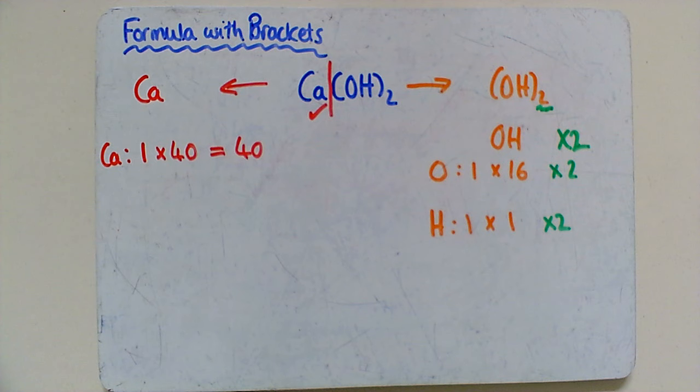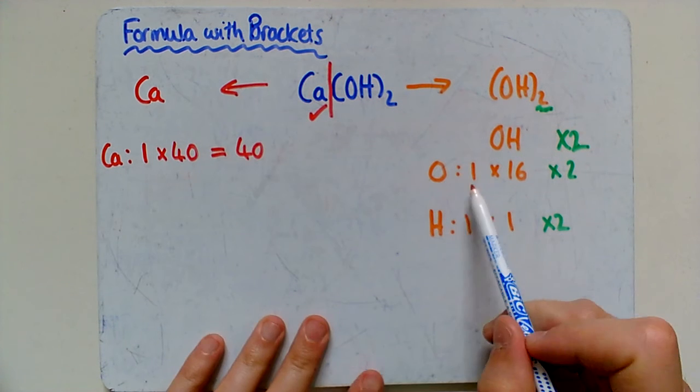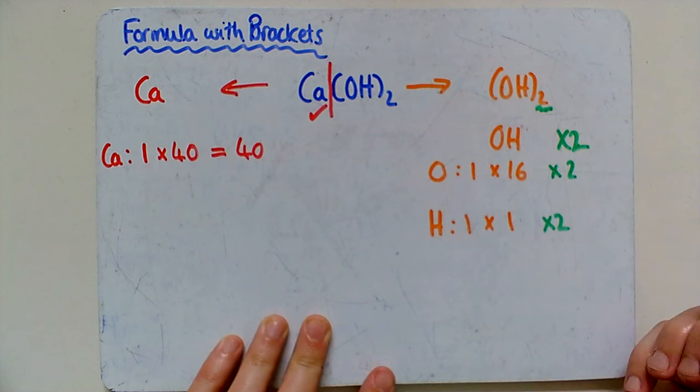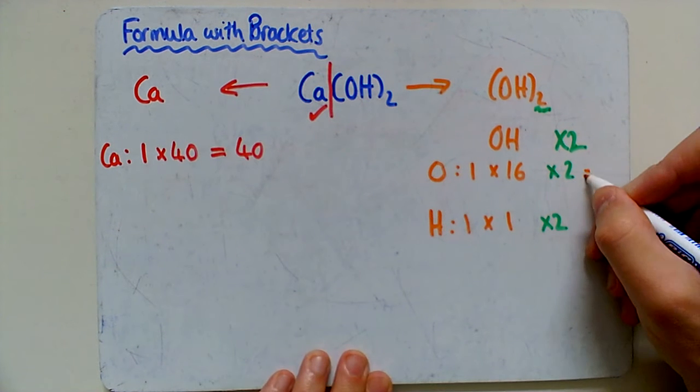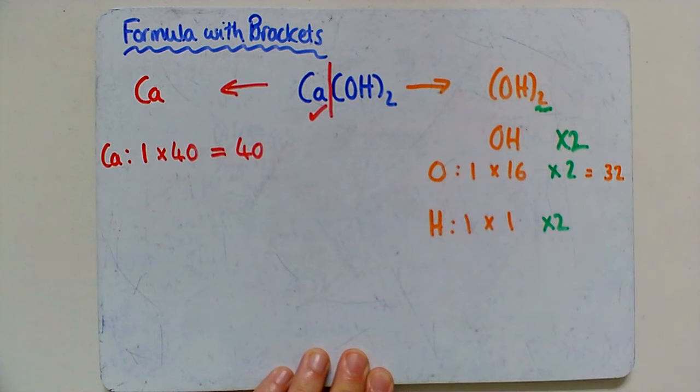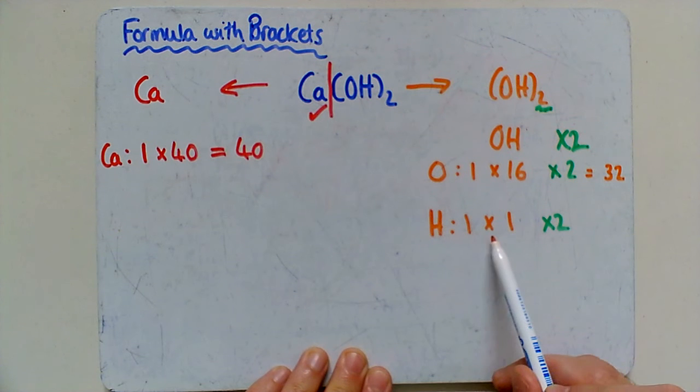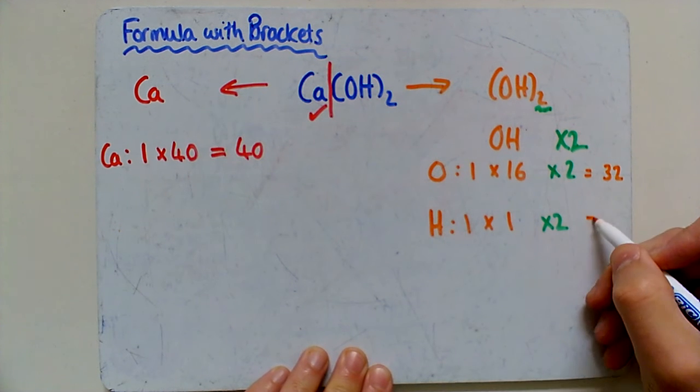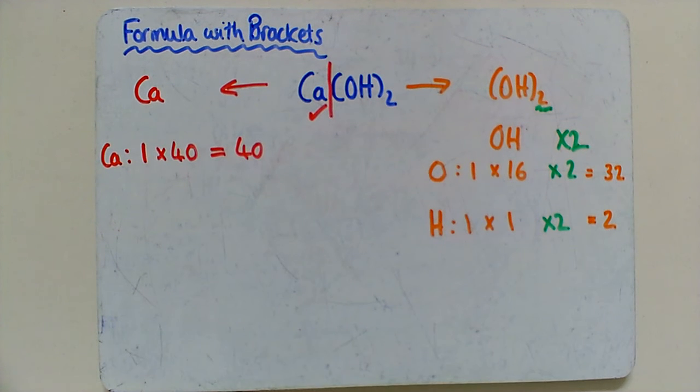Now we will do the multiplication. When we multiply this, we've got 1 times 16 times 2. You can use your calculator for that, and it comes out at 32. And we've got 1 times 1 times 2, which equals 2. And the final step, we've done that, so we've done this half.